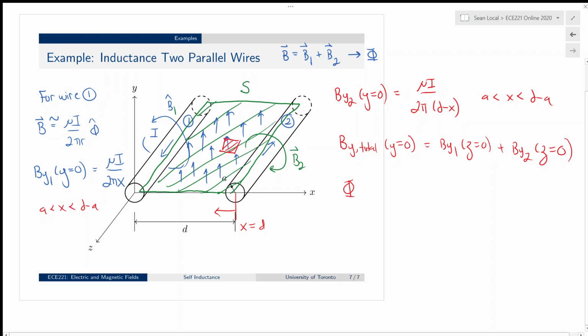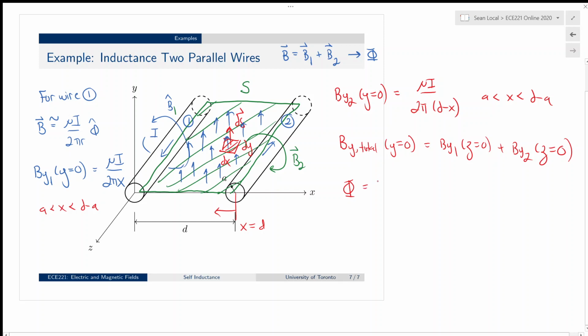This integration can take place in Cartesian coordinates. So the width of this differential element is dx and dy, and then ds is going to point upward, which is parallel to the total B field, so we don't have to worry about the dot product in our flux integral.